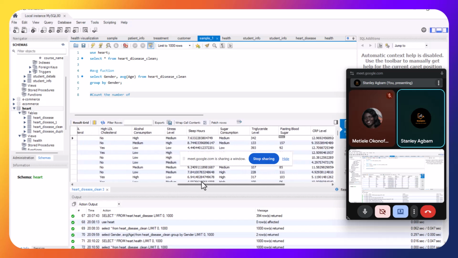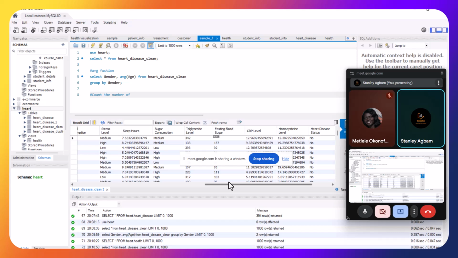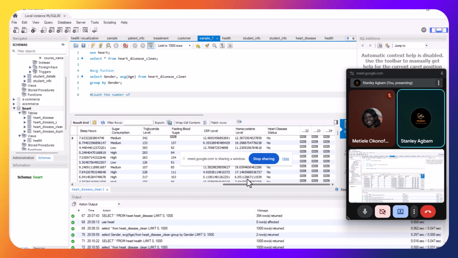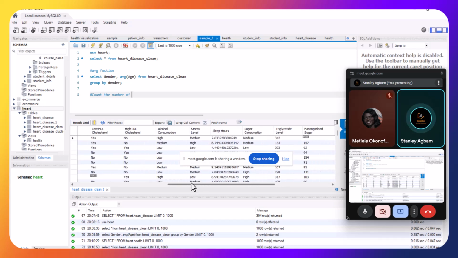You can actually do a count function, but we cannot count, for example, the number of stress levels. Let's see, it's not possible. You cannot count a continuous distribution. But let me do something. Count the number of patients with heart disease.